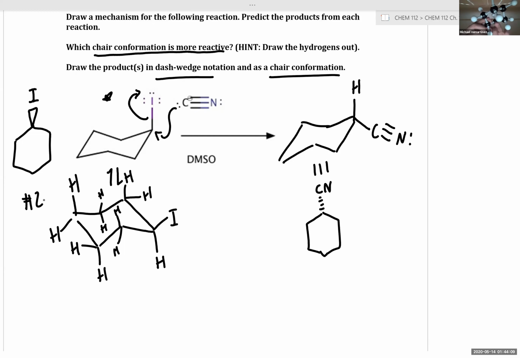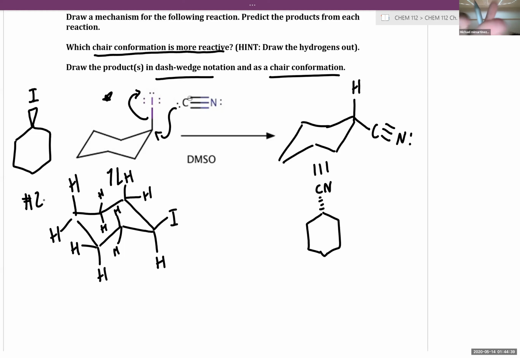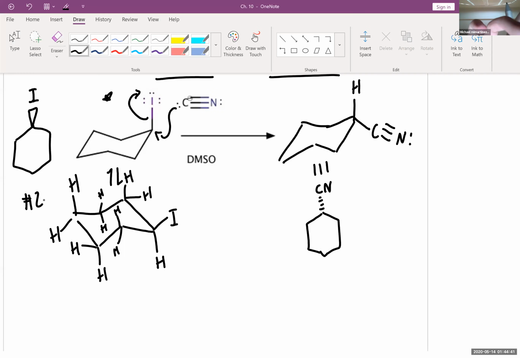Again, just to show this from the side, if we try to attack our iodine, there are multiple axial hydrogens. So is this attack easier or harder to do when our substituent's in the equatorial position? Are we bumping into more things when we try to do an SN2 on an equatorial position? It's harder, right?